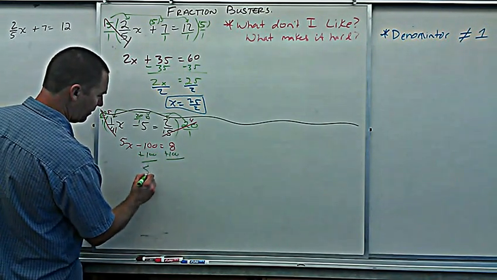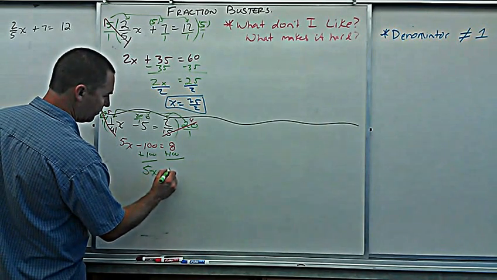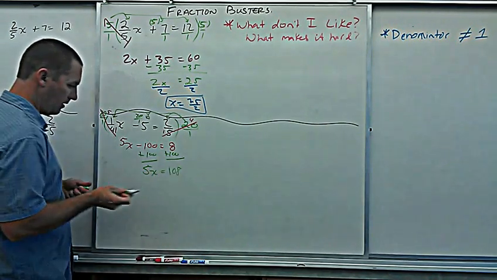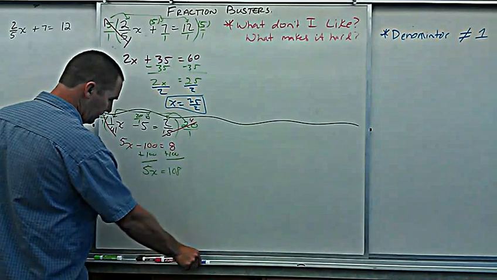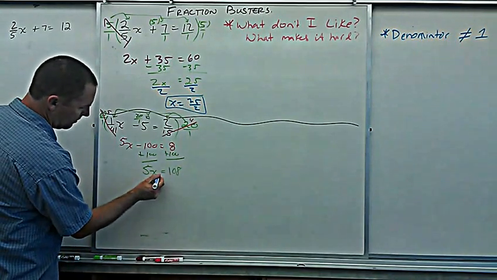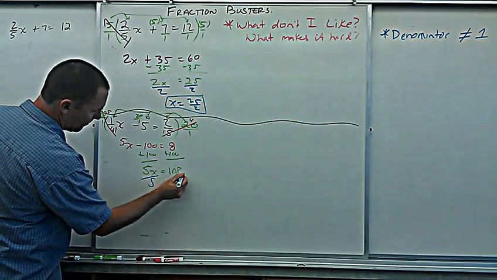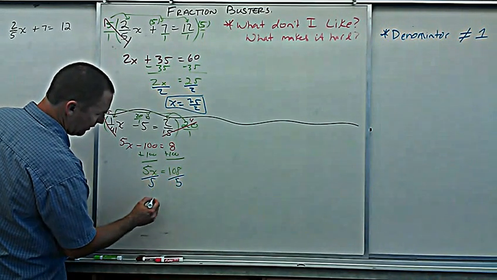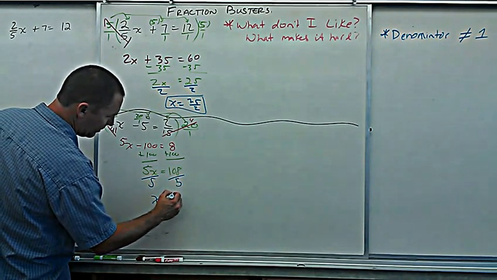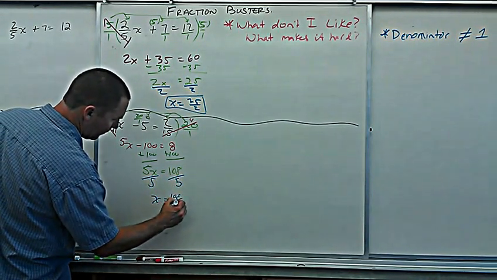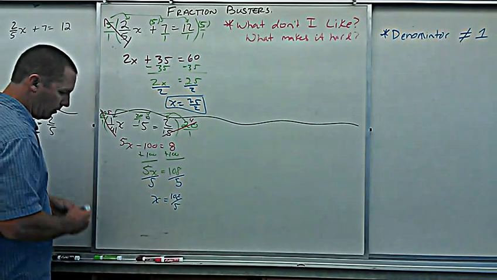End up with 5x is equal to 108. And the last step will be to divide by 5. And I have x equals 108 over 5 is a perfectly acceptable answer.